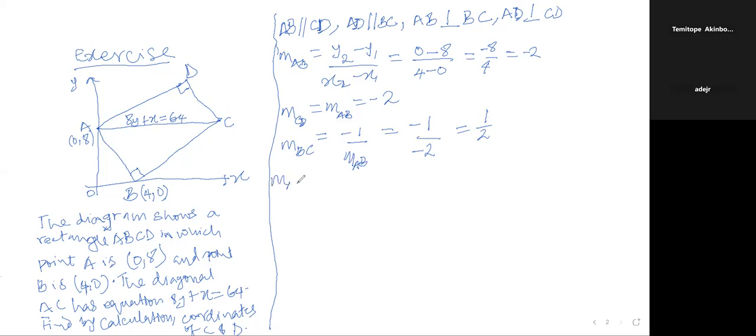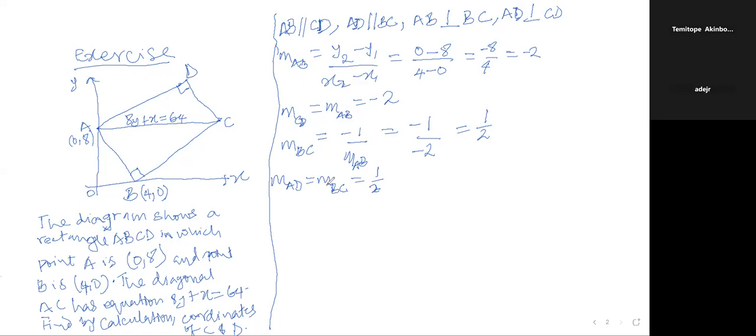AD and BC are parallel from my preamble here. That means they have the same gradient. So gradient of AD is equal to gradient of BC, and that equals 1 over 2. Now, I've determined the gradient of all the lines.